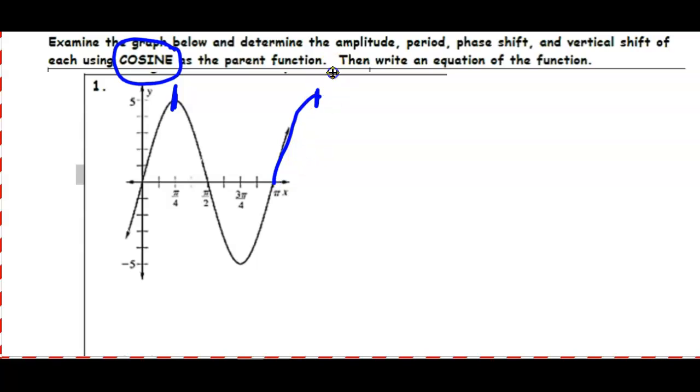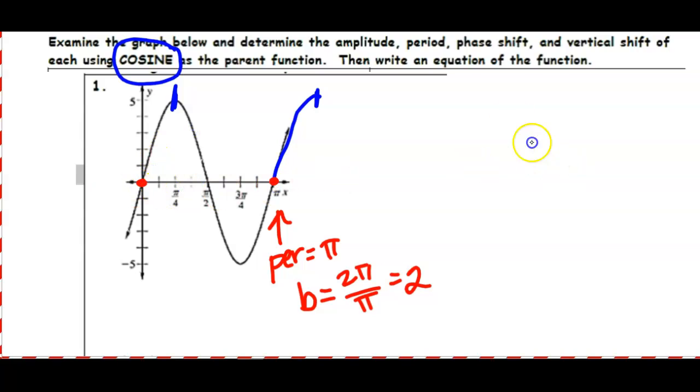But the period is the same no matter whether we measure it from there to there, or we say one cycle starts here and ends here. So the period is pi, which means the b value we put in is going to be 2 pi divided by pi, or just 2.